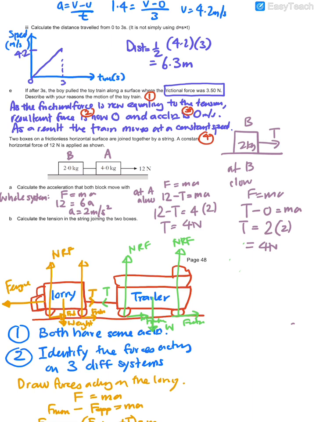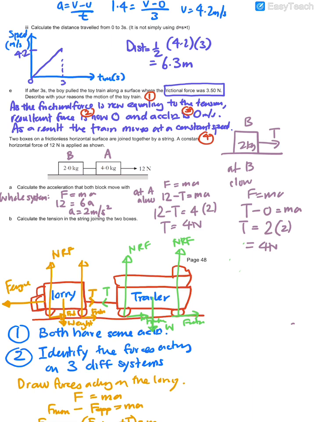4 newtons. Just now, maybe a bit confusing, I said the tension is 0. It's not 0, they cancel each other, because one acts that way and one acts the other way for the whole system. But there has to be a tension, if not, how would it move? So 4 newtons is the answer.